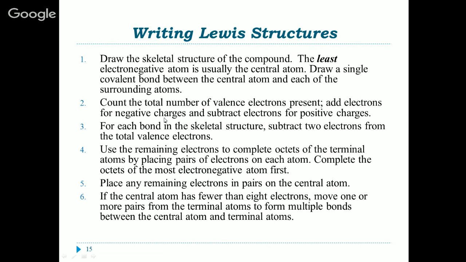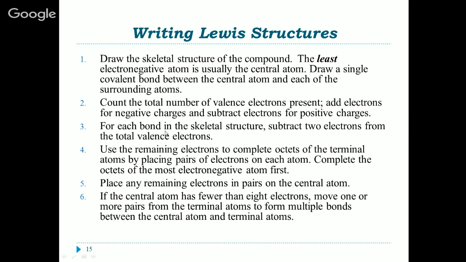When we see a negative charge, for example, the carbonate ion, CO3, has a -2 charge. That means there are an extra 2 electrons. In NH4 plus of the ammonium ion, that plus means that we've removed an electron. So for every negative charge, we add an electron. For every positive charge, we remove an electron.